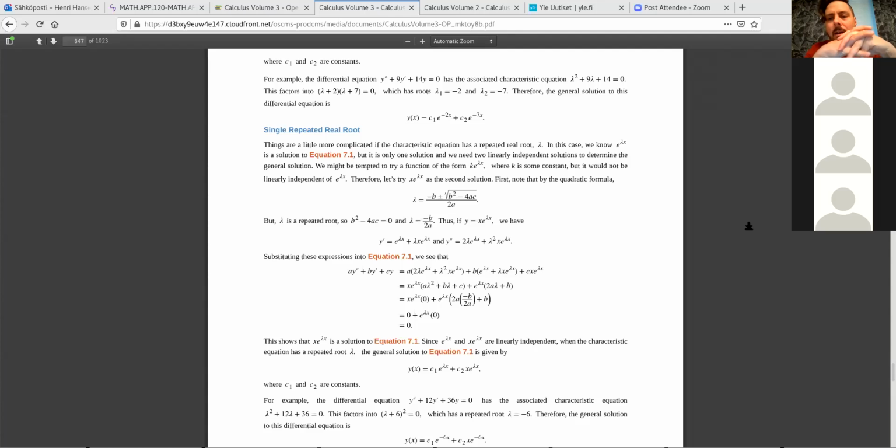So if we have y of x equal to e to the kx, and it satisfies this equation, let's say we have a y'' + b y' + c y = 0, and we have that a k squared + bk + c is 0.